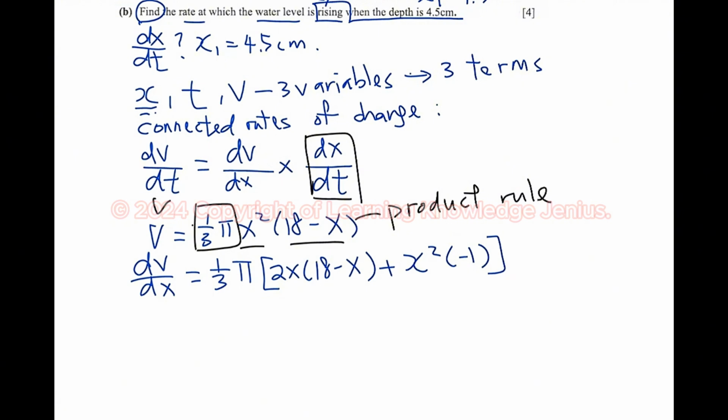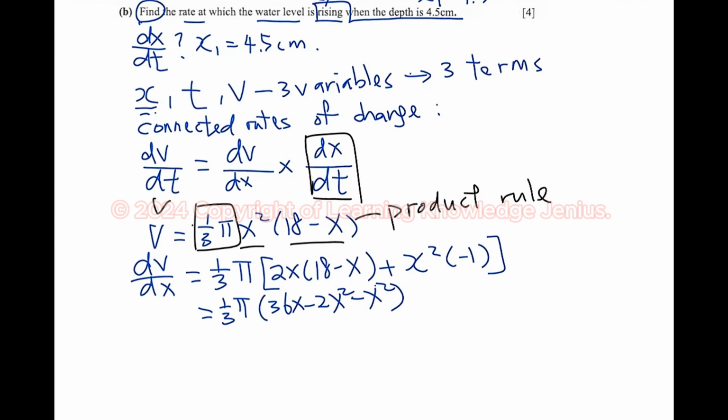Now let's simplify the entire equation. Sorry, I changed the bracket to the wrong one.